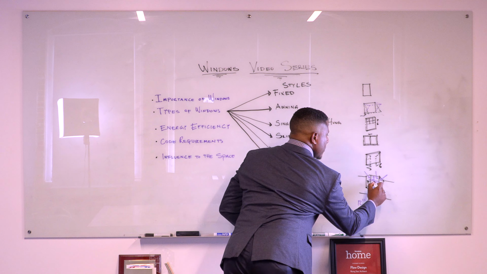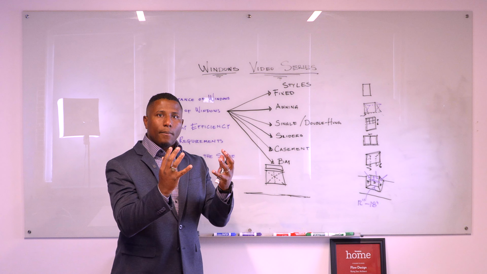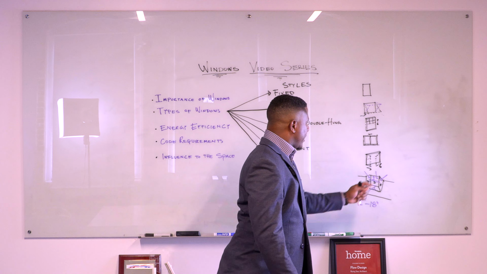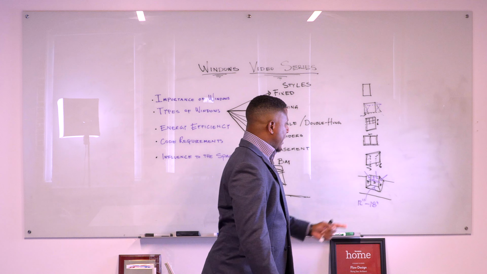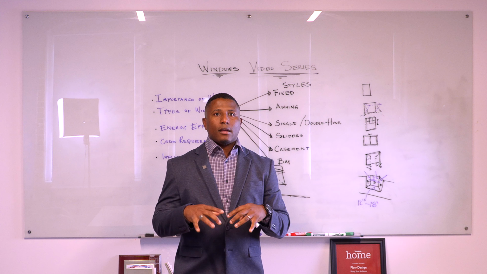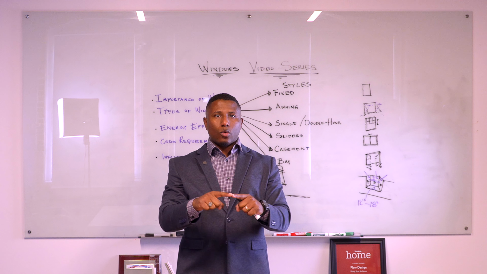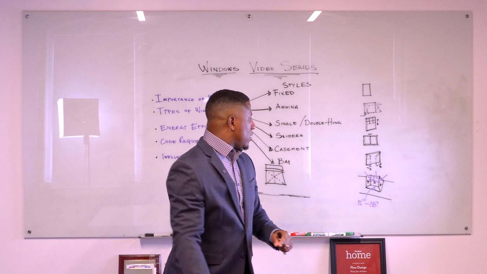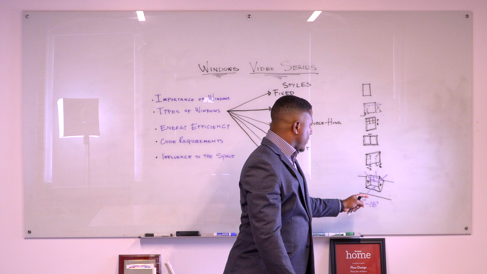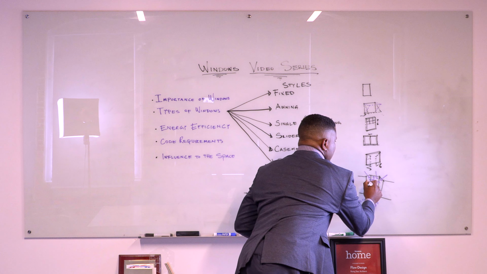You can have double hungs on the side and a fixed window. Let's say you are at the sink, and you're looking out, and you want to have a clear view of whatever you're looking at. You can have a fixed window on this panel, and then have double hungs on the side.